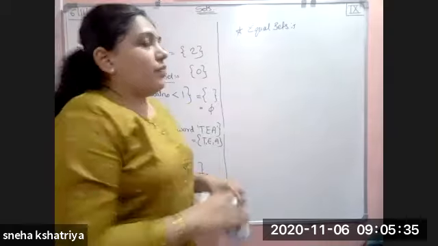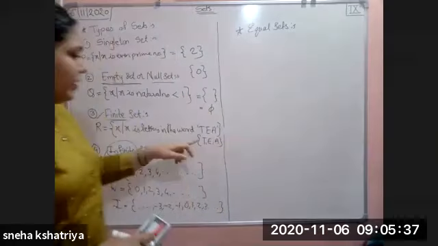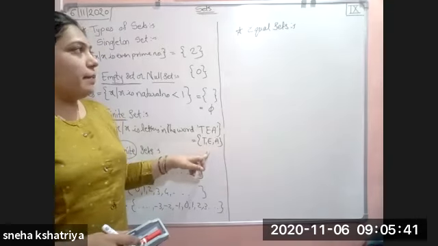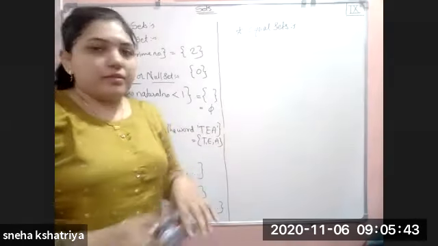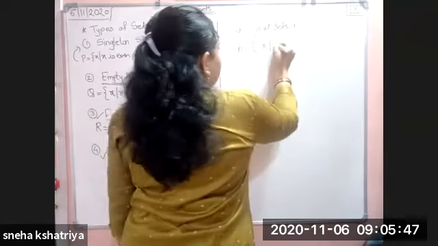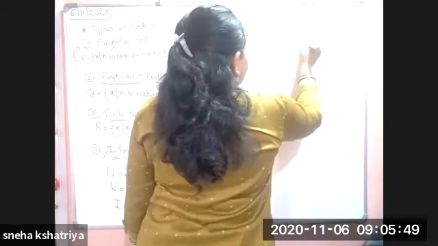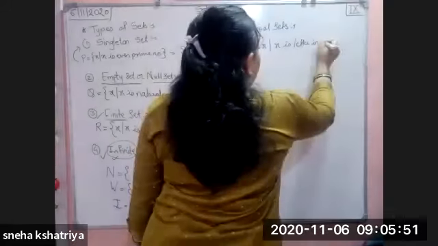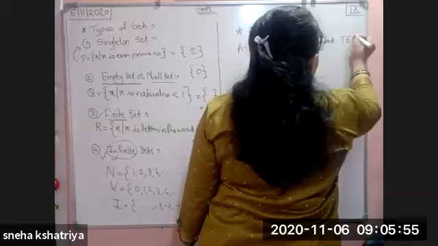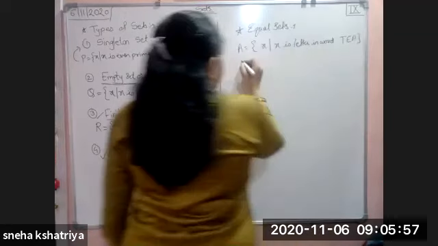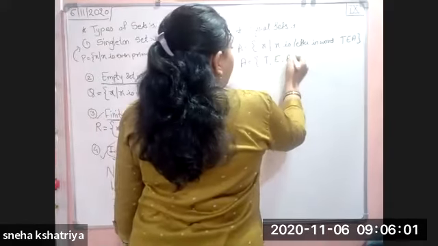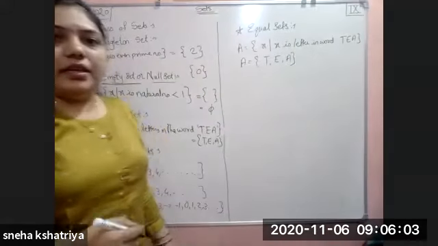If I consider two sets, we will consider this TEA example only, the best example. We can write it in two ways. Suppose I write A is equal to the set of x such that x is a letter in the word TEA. So the set A will become T, E, A.